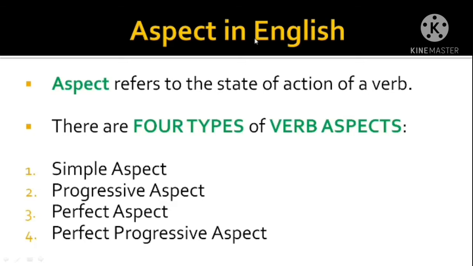Now, in this class, I would like to talk on aspects in English. As far as aspect is concerned, it actually refers to the state of an action of a verb.